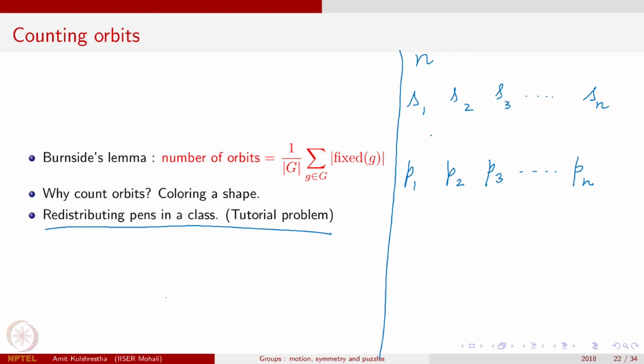Each of them has their own pen. The teacher comes, collects all these pens and distributes them to the students randomly. So possibly S1 gets the pen P3, maybe S3 gets the pen Pn, maybe Sn gets the pen P2, or all this chaos happens.